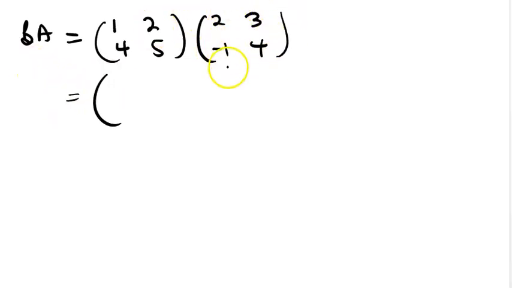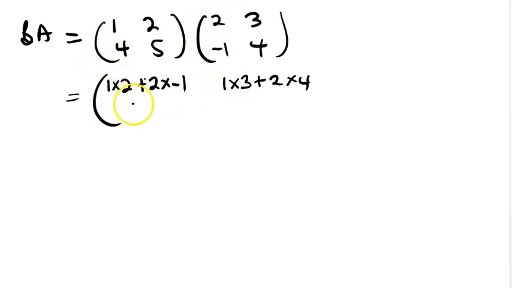First row, first column: 1 times 2 plus 2 times minus 1. Then first row, second column: 1 times 3 plus 2 times 4. Then second row, first column: 4 times 2 plus 5 times minus 1. Then second row, second column: 4 times 3 plus 5 times 4.